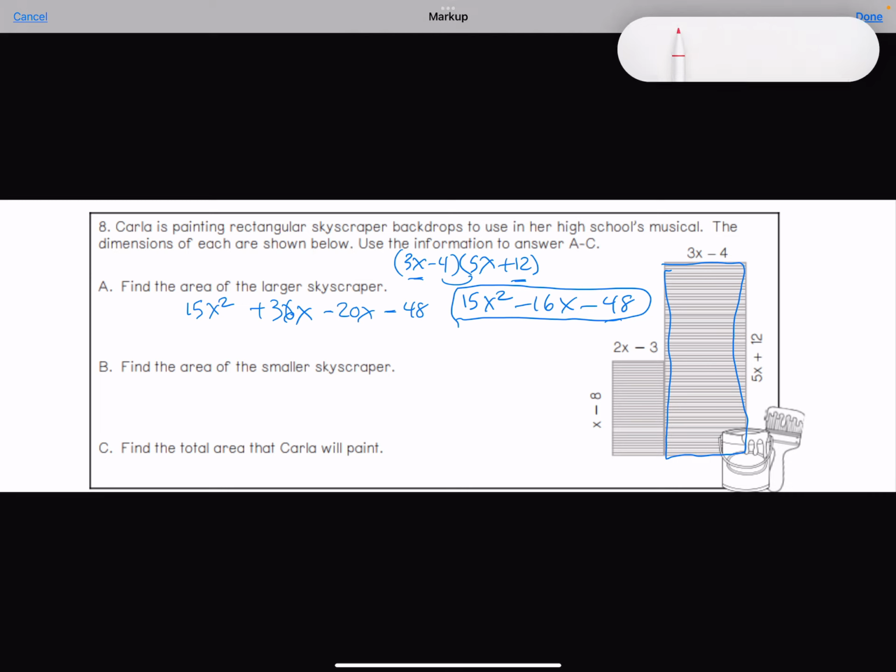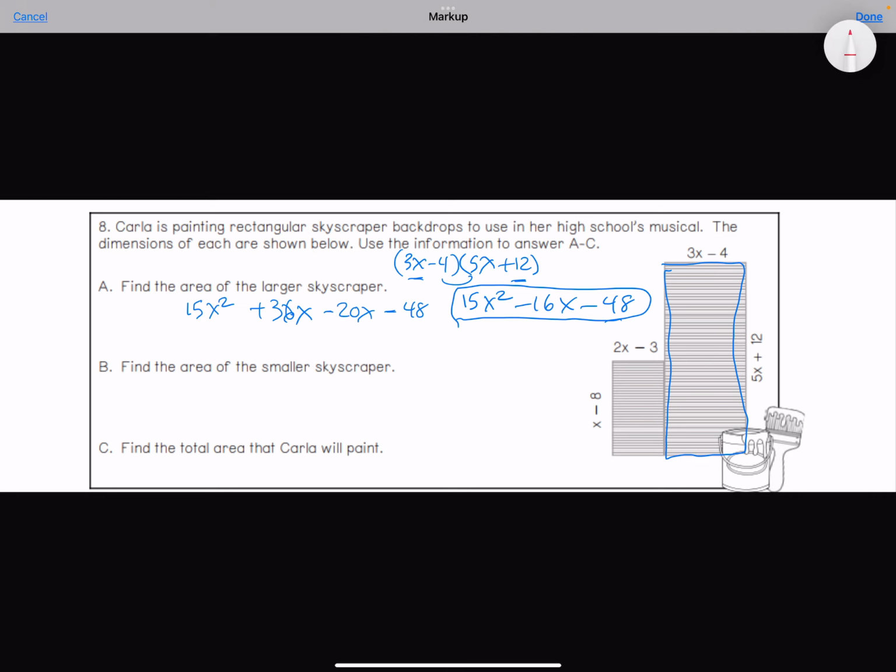To find the area of the small, I'll go ahead and do the box method. So 2x minus 3, x minus 8, 2x squared, negative 3x, negative 16x, and 24.